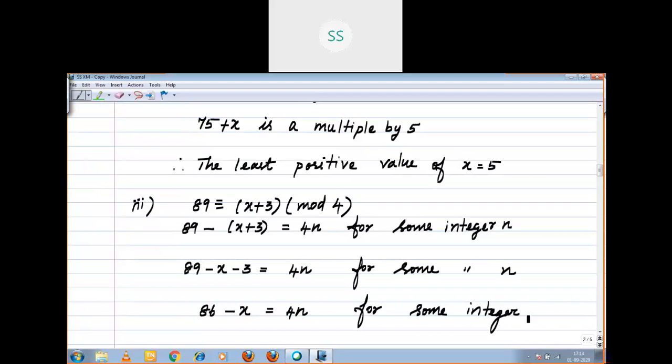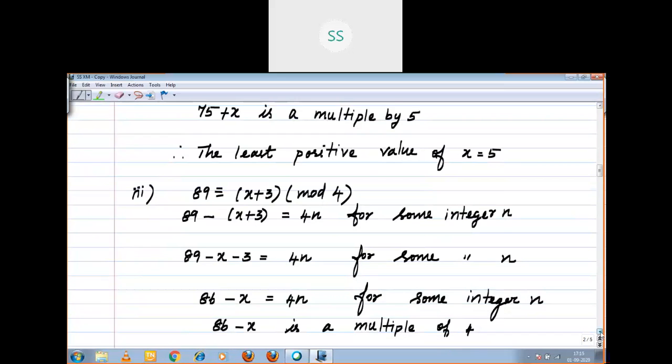If x is equal to 2, it is divisible by 4, right? 86 minus x is a multiple of 4. When it is a multiple of 4, the least positive value of x is 2.